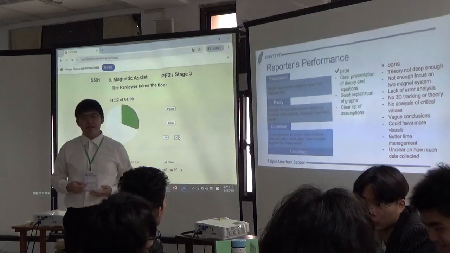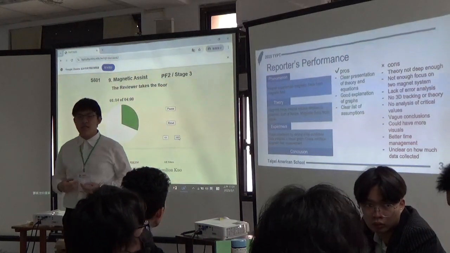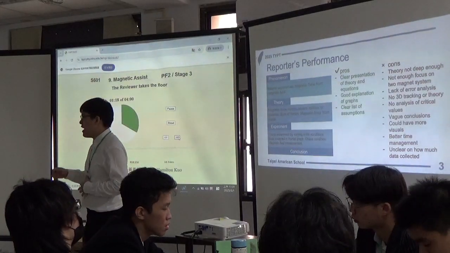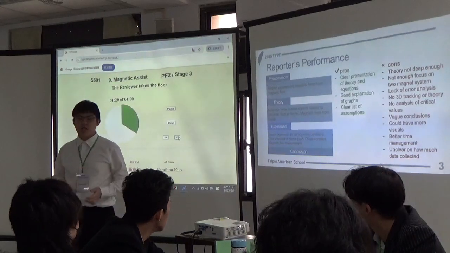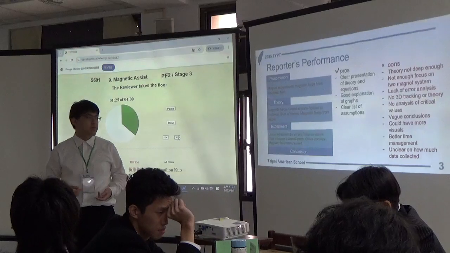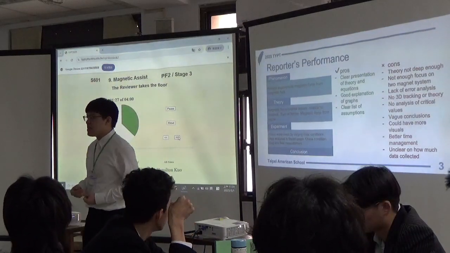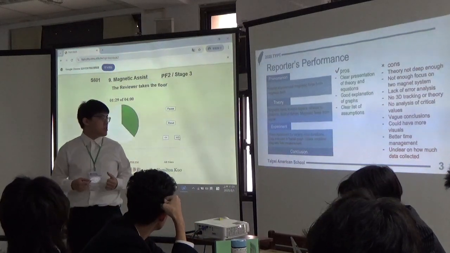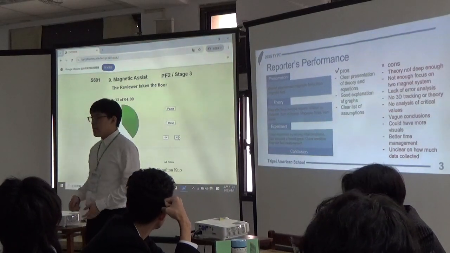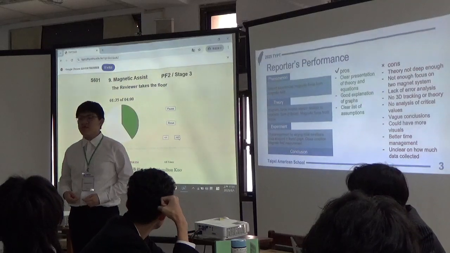However, I think their theory was not sufficiently in-depth, and they did not really focus enough on the two-magnet system. They were quite unclear on which experiments were focusing on a one-magnet system and a two-magnet system, despite the problem statement clearly stating that a two-magnet system is needed. They also had a lack of error analysis, pretty important for a chaotic system that's sensitive to initial conditions.